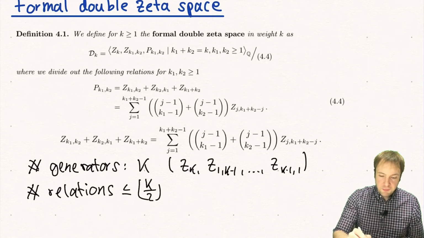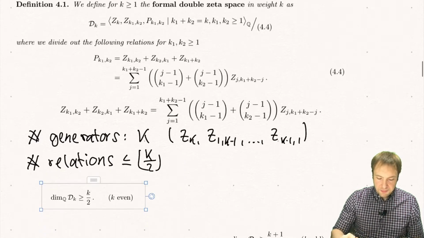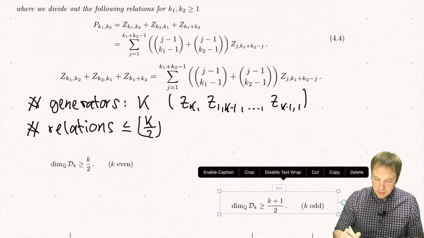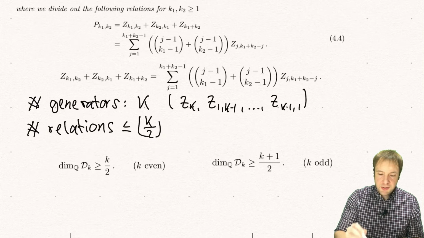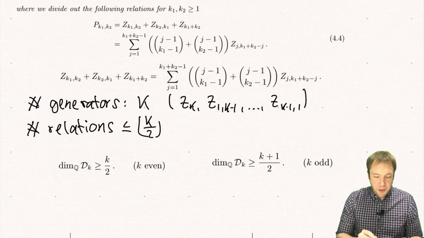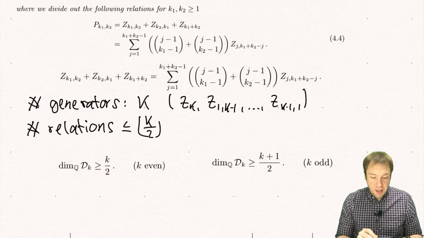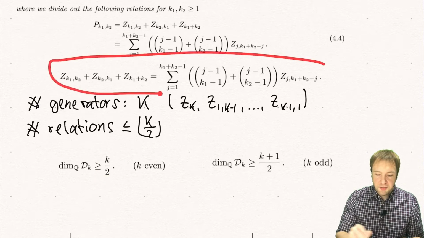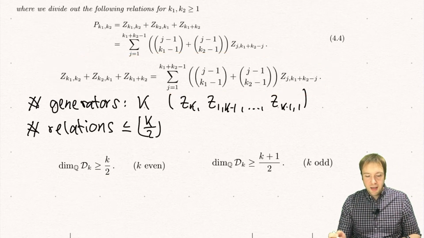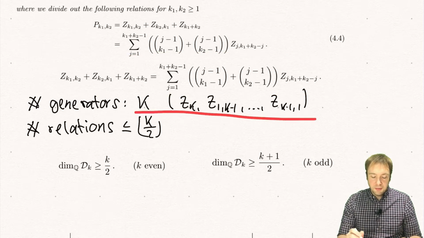But what we can see from this is that in the weight, if k is even, then the dimension of the space dk is bounded below by k half, because it could be that there are actually fewer than k half relations among these generators.